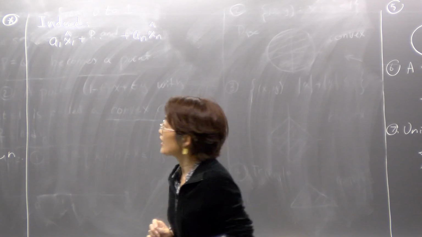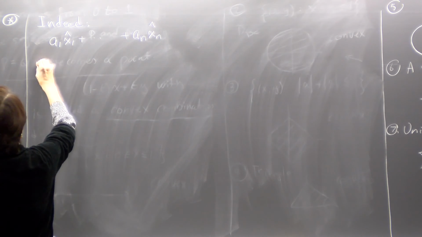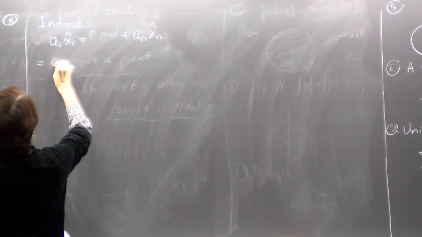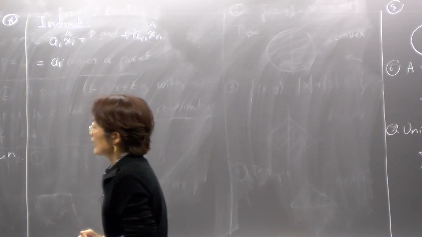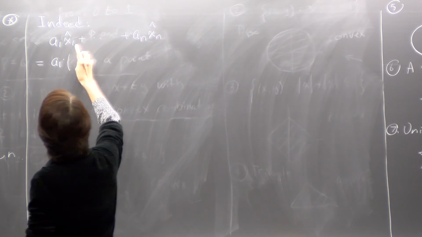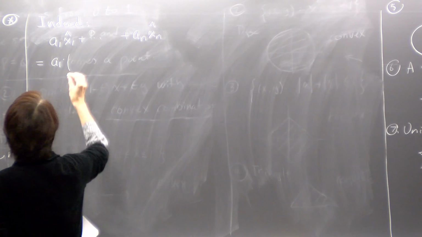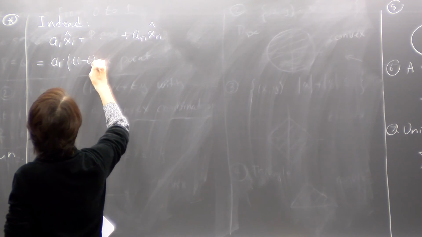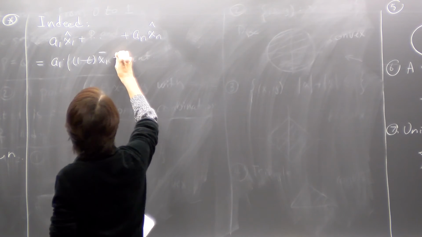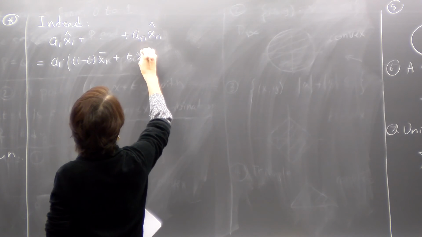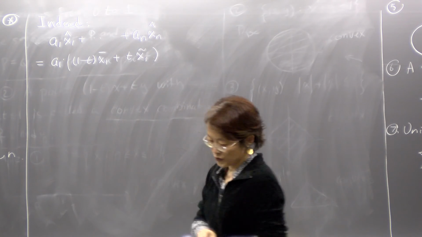I want to show that eventually gives me b. So what does it give me? I have a1 and the first element of x hat. If I check here, I will have (1 minus t) x1 bar plus t x1 tilde. That will be the first one.